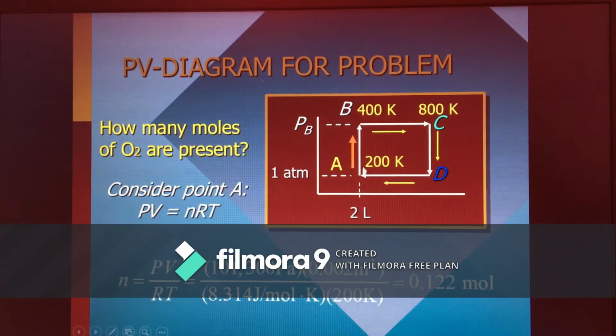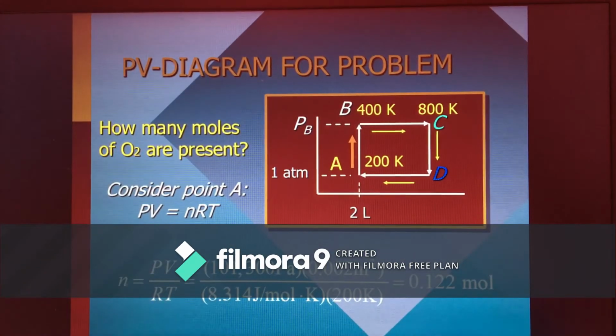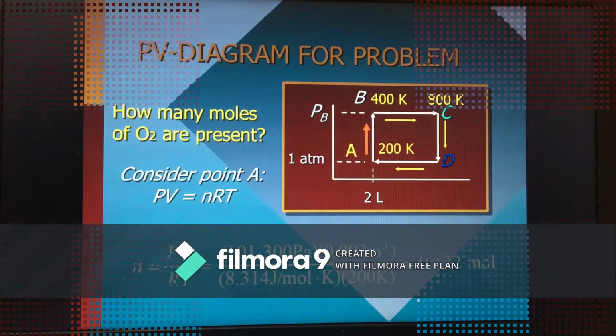So this is the temperature at point A. This is 200. And the value for R for this oxygen is 8.314 joules per mole Kelvin. Alright, so substituting the givens, we got here 0.0122 mole. Alright, so we got the number of moles from this.